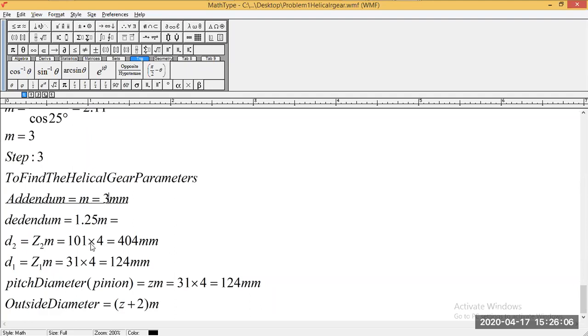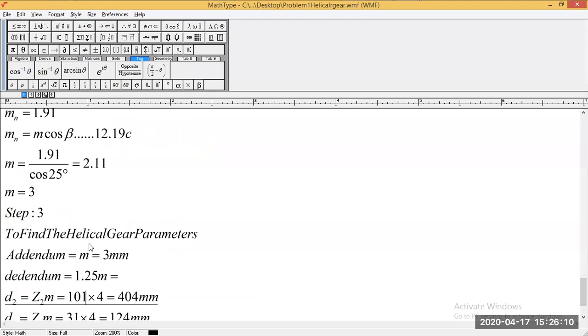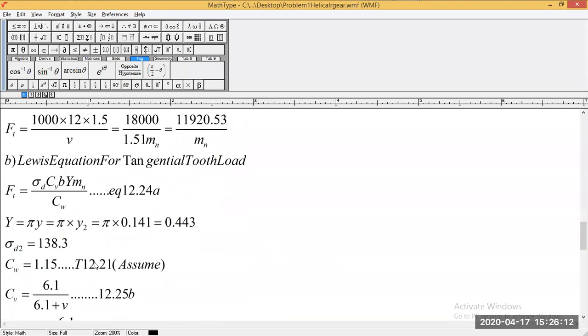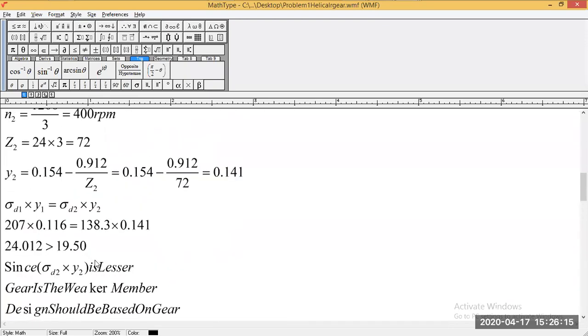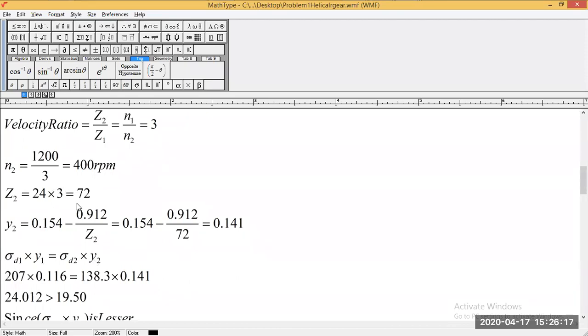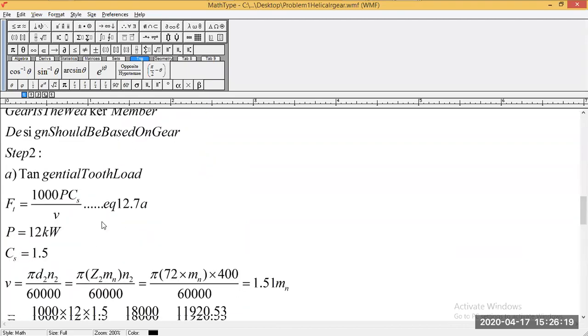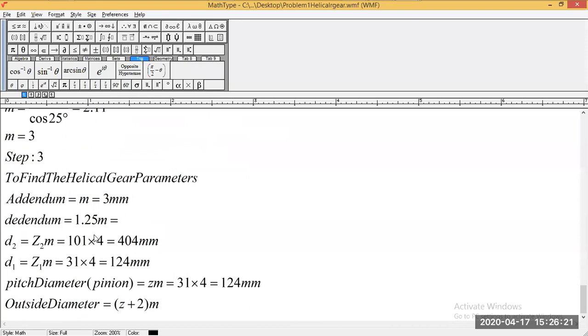And Z, the number of teeth. What is the number of teeth? Z1, Z2 we have found out. Yes, 72 and 24. So this is 72 times 3 and 24 times 3.